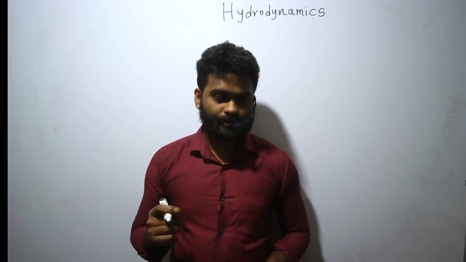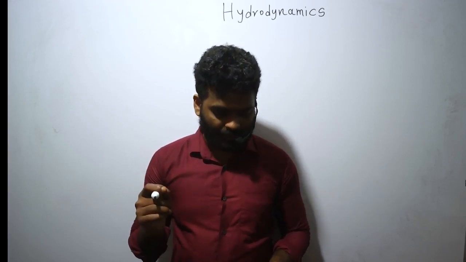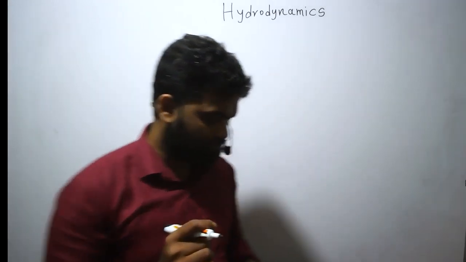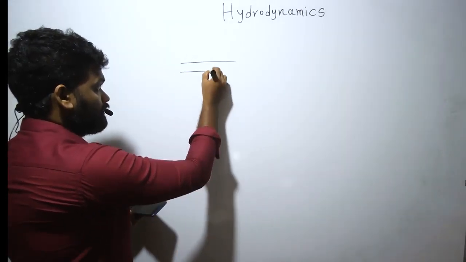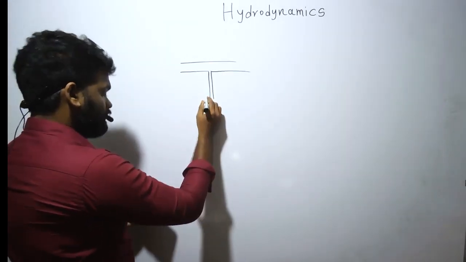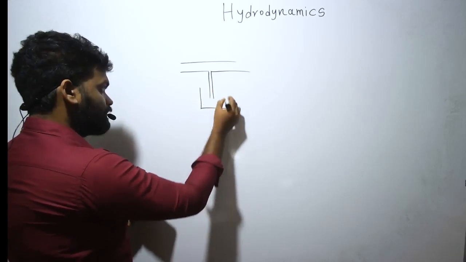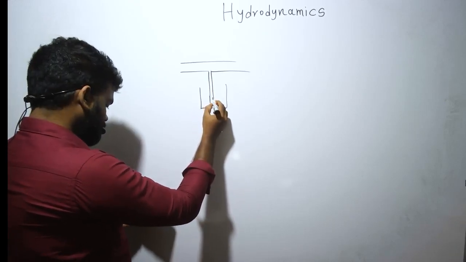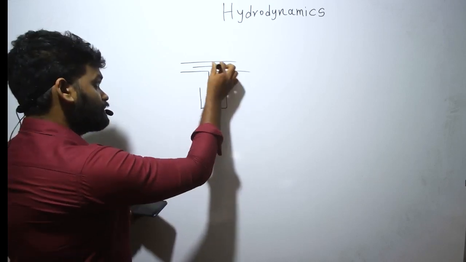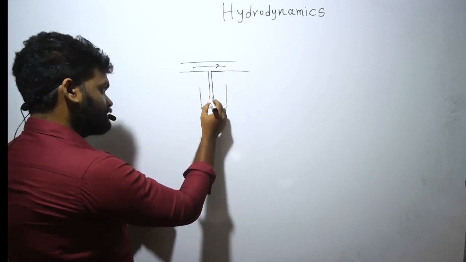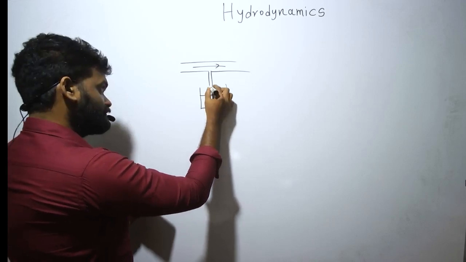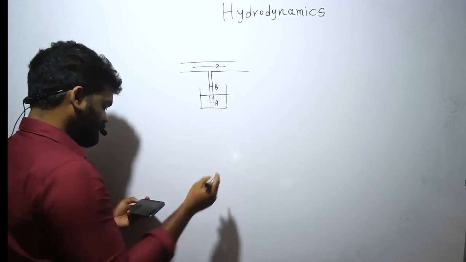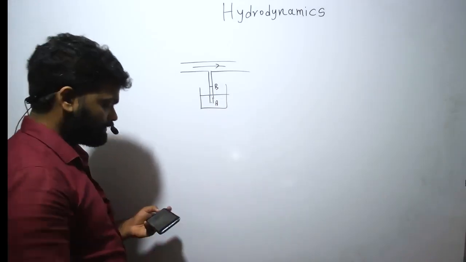Right, 11th question. Liquid level is at B inside the capillary tube shown below. Air is blown through the horizontal pipe.